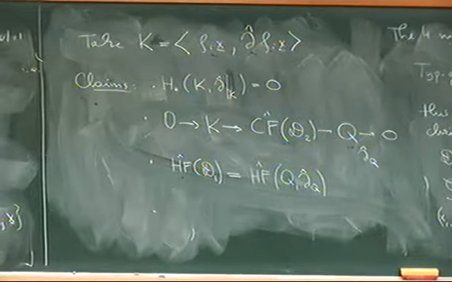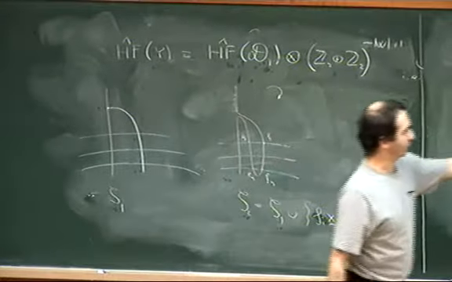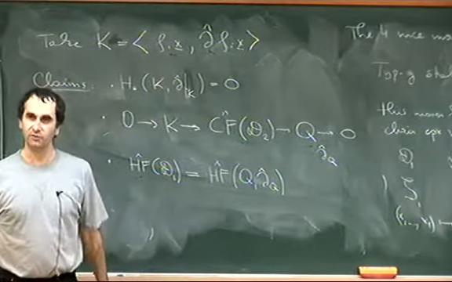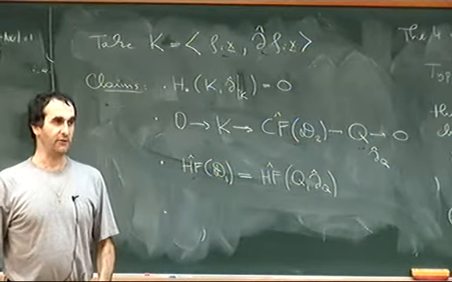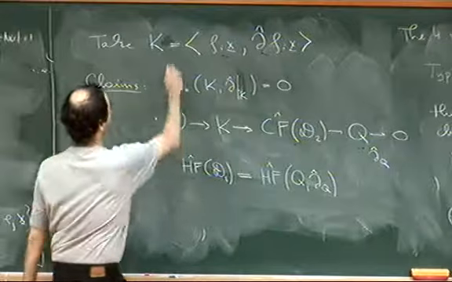So at least as vector spaces, the chain complexes CF hat of D1 and Q are equal dimensional vector spaces, and all we have to find is a map between these two isomorphic vector spaces, which is actually a chain map. So that's sort of a little pain. Let me just argue for this.